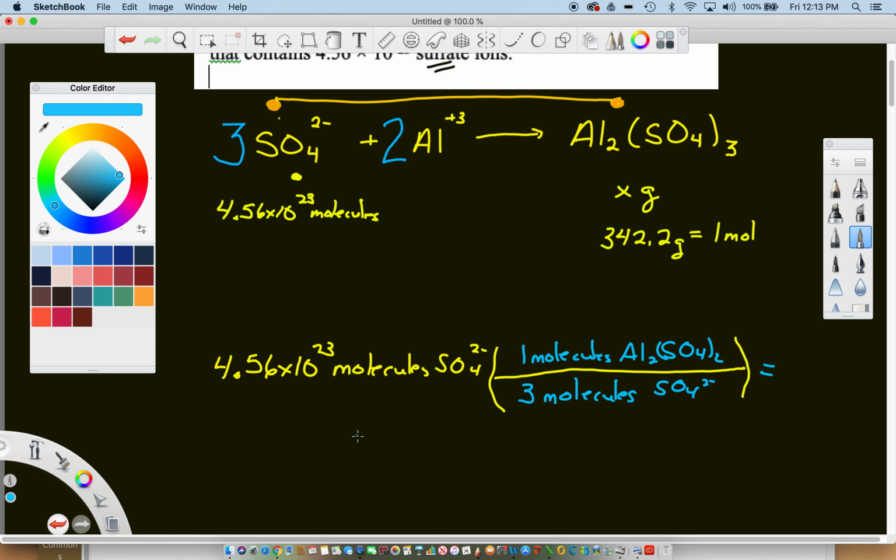And so I know it will produce 1.52 times 10 to the 23rd molecules of aluminum sulfate.